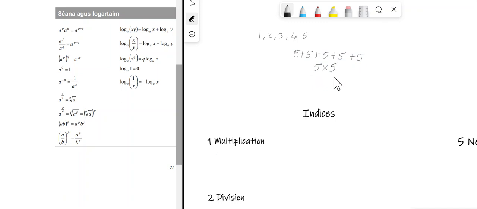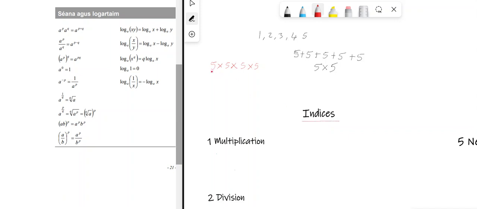Now, what if we have 5 multiplied by 5, multiplied by 5, multiplied by 5? Again, this is big and long. We want to write this in short notation, so we can use what are called indices.